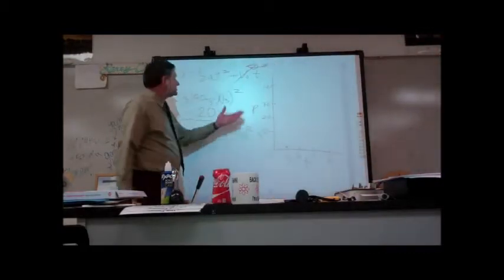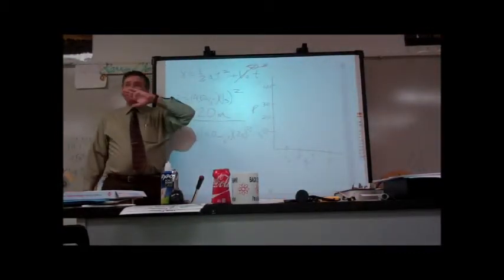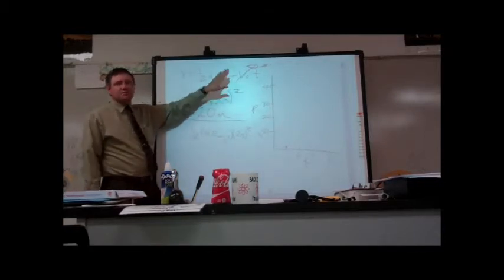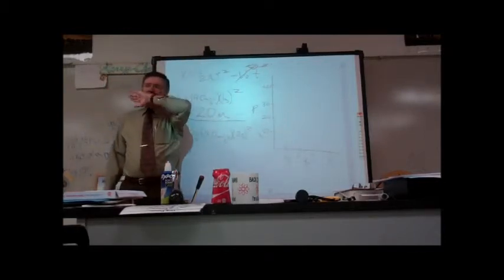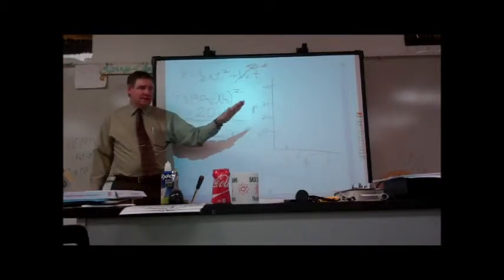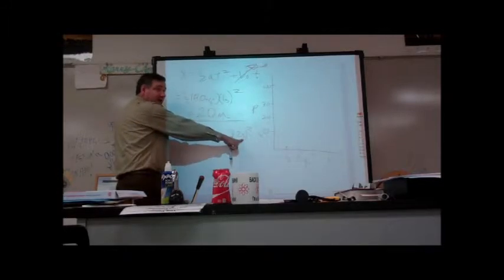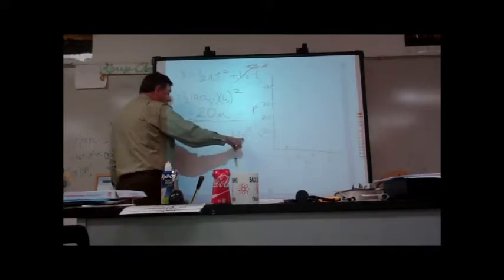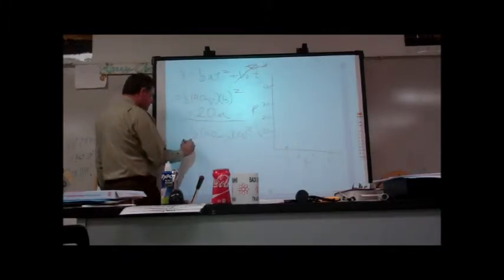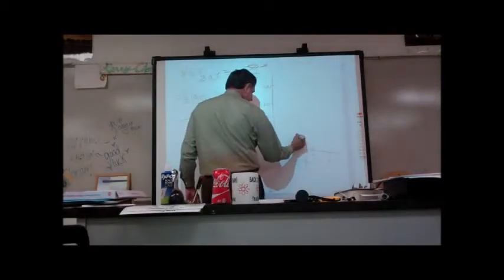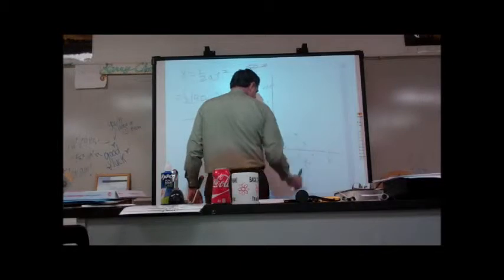As soon as you see this being squared, it can't be a linear function. Anytime you see something squared or a square root function, it can't be linear. So, if I take 2 and I square that, I get 4. 4 times 2 gives me 8 meters. So at the end of 2 seconds, I'm out here at 8 meters.